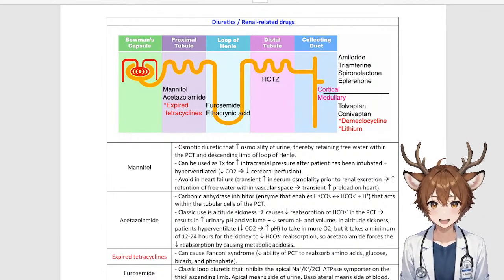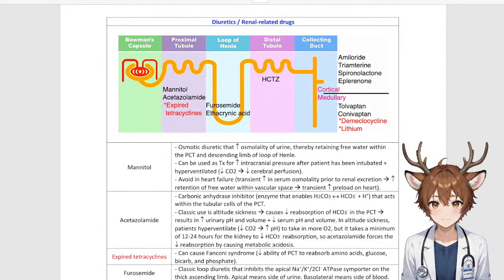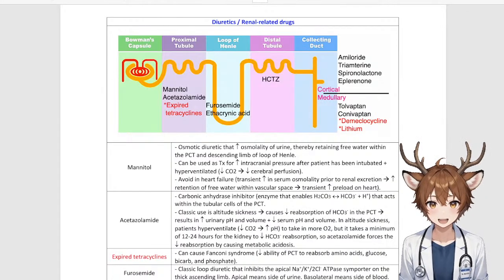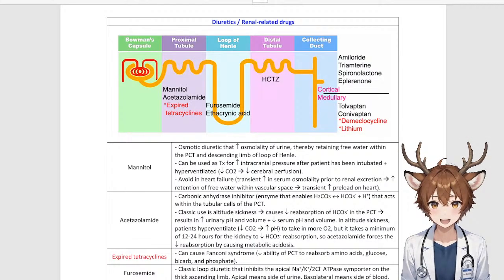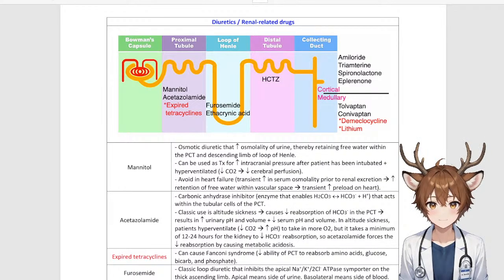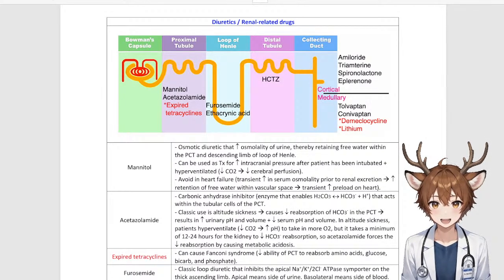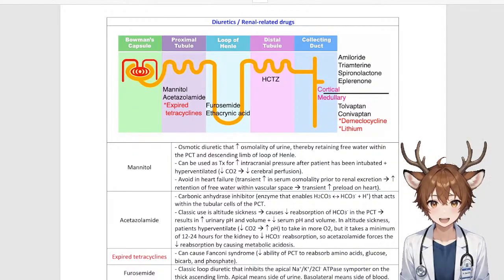The hydrogen ion is then recycled. This proton is recycled over and over again between the luminal space and the cellular space, while the body continues to pump out bicarb and keep it in the body. And this is a way for the body to absorb base for itself.